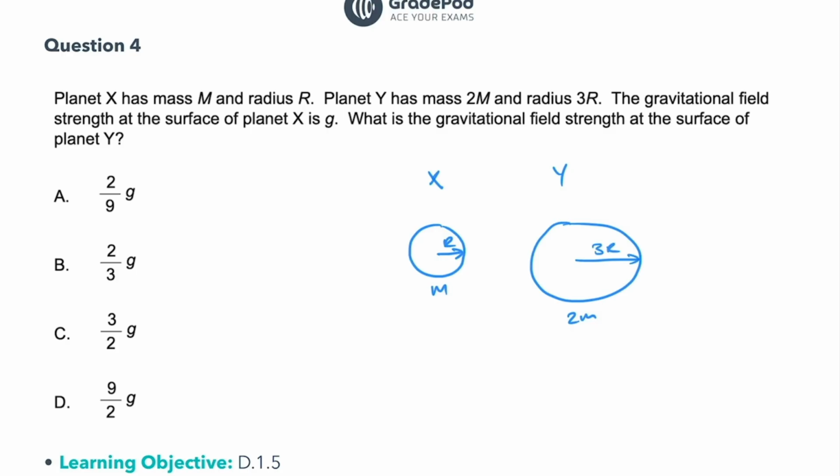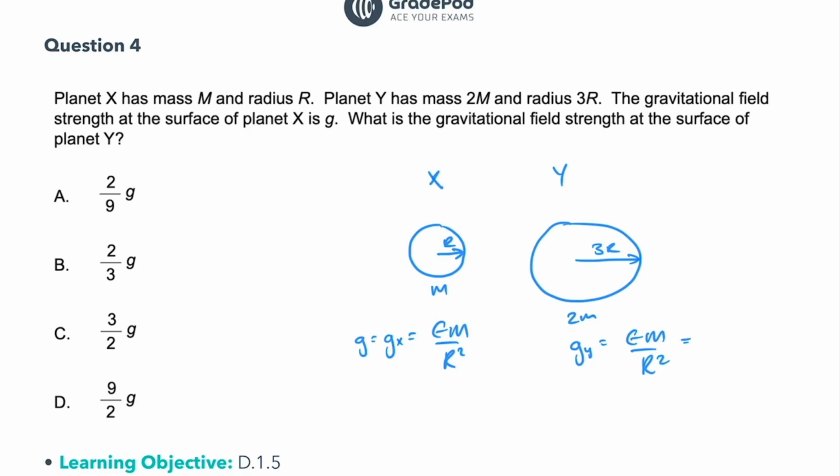The gravitational field strength at the surface of planet X is g. So g equals g_x equals GM over r squared. What is the gravitational field strength at the surface of planet Y in terms of g? Okay, so g_y is equal to GM over r squared.